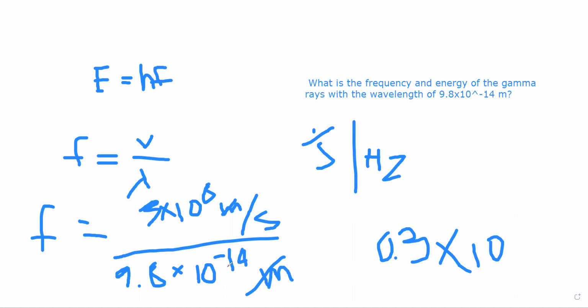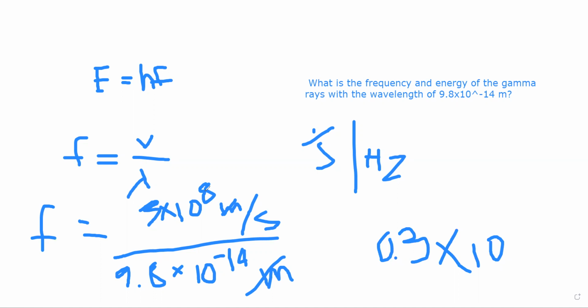Are we going to divide this one? No, no. We are going to subtract this one. Take note, when there is a division of certain numbers and it has an exponent, when you are going to get the exponent, you need to subtract.